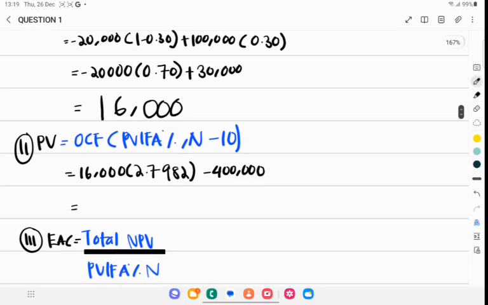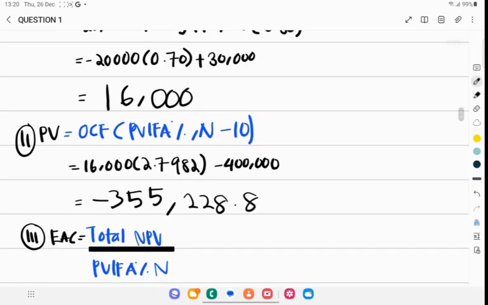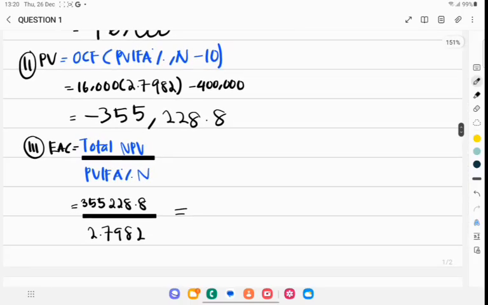Next, we will calculate the PV for system A. The formula for PV is OCF multiplied by PVIFA minus IO. So 16,000 multiplied by 2.0982 minus 40,000. So the answer is negative 355,228.8. Okay, next we will calculate the ESC.